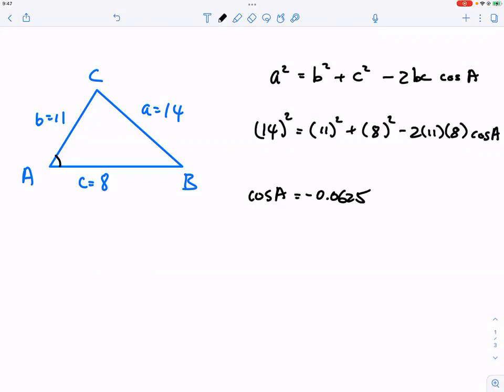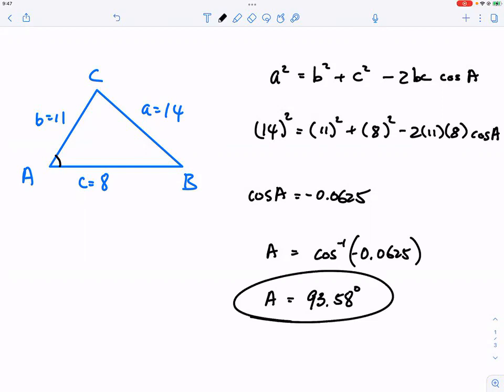Yes, negative 0.0625. That's cosine A. And then A is equal to cosine inverse of negative 0.0625. And angle A is going to be an angle that's bigger than 90 degrees. So that is 93.58 degrees for angle A.